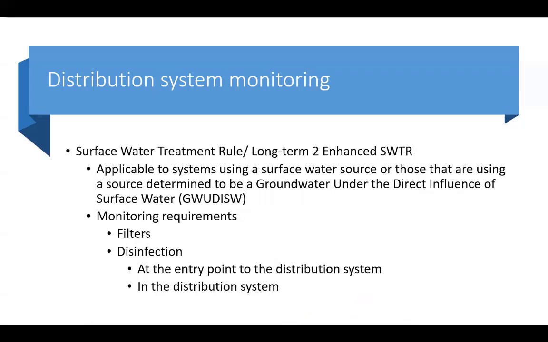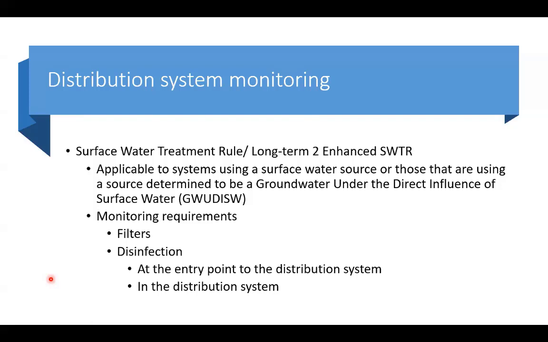Under the surface water treatment rule, systems that are using a source determined to be a groundwater under the influence of surface water. So for instance, in the East Lansing Meridian Township water treatment system, they have lagoons that are used to dewater the softening sludge.